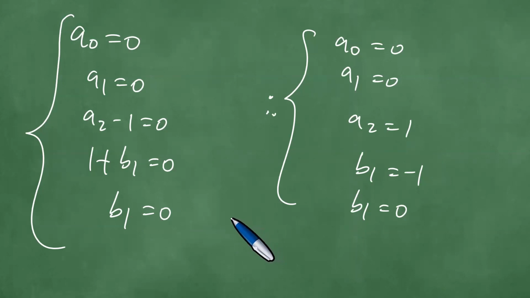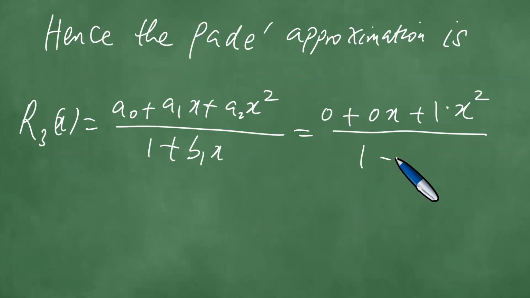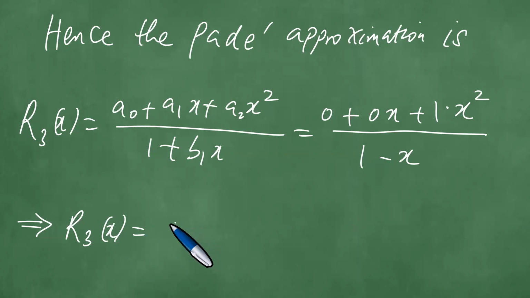Taking B1 as -1 implies that R3 of x is exactly x squared over 1 minus x. So this gives us the Pade approximation.